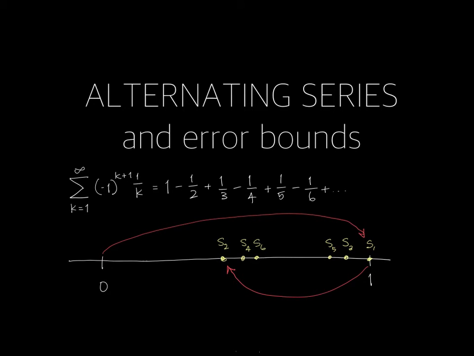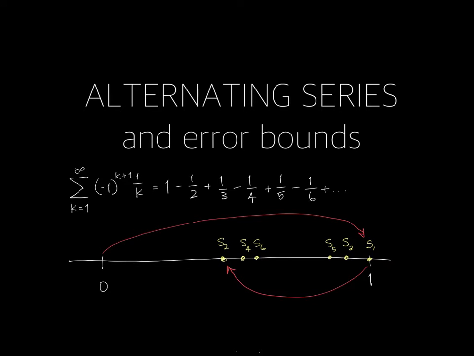And this continues. Every time we're adding another term, and of course that practically speaking is either addition or subtraction because this is an alternating series, but every time we include another term in the series, we are ping-ponging up and over where we're converging to.